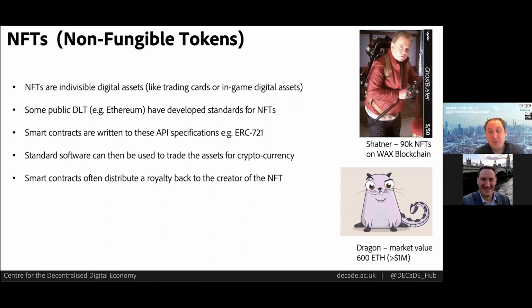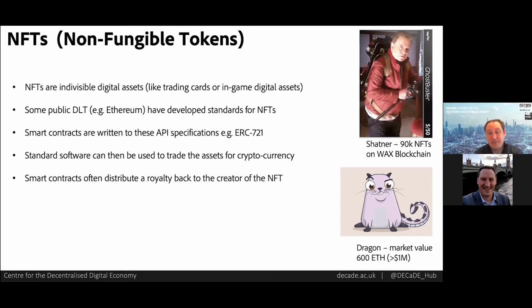And like with a physical catalogue raisonné, value is derived from that digital asset's provenance, it being the sword that killed that monster. And that's tracked securely via the DLT. So some DLTs like Ethereum have a template for smart contracts for transferring ownership of NFTs that conform to a pre-specified standard like ERC 721. So ERC is like the Ethereum version of Internet RFCs.